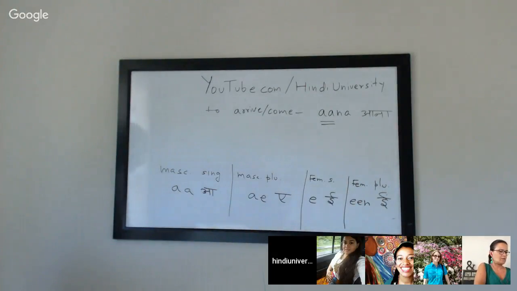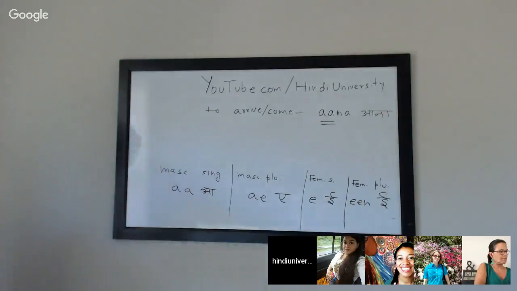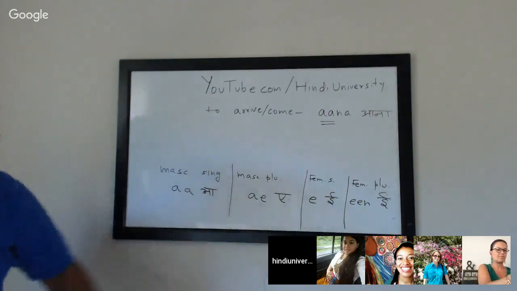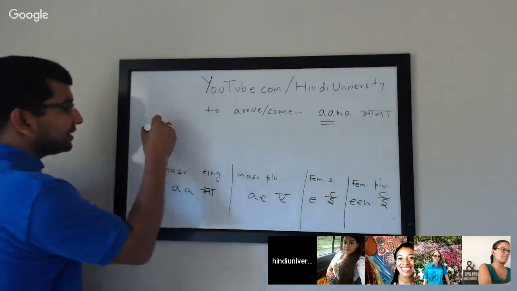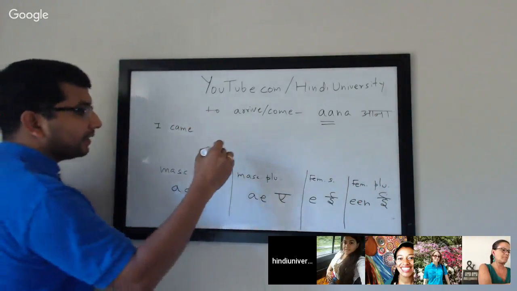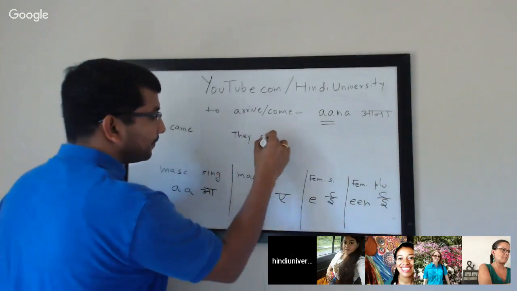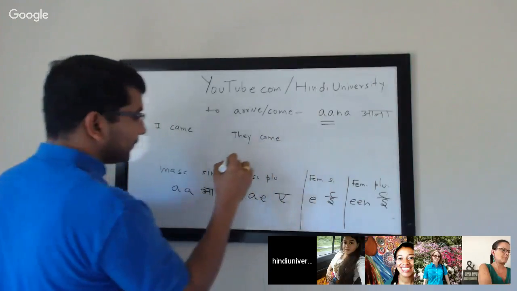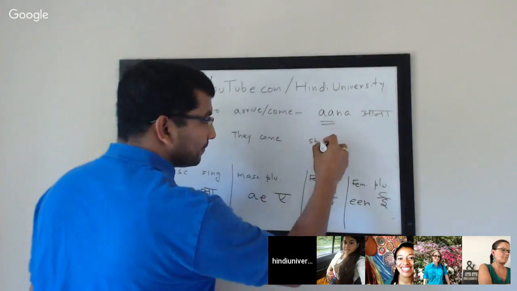Okay, very good, right? So write down the first one. I have Jenny has already attempted it. I want you to try the other forms as well. So in this case, you will say I came. In this case, you are saying they came. Okay, masculine plural. Feminine singular, she came or she arrived.